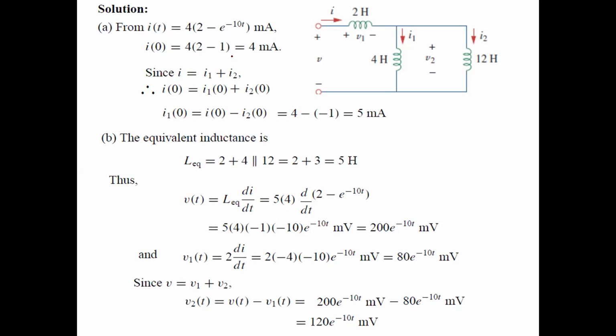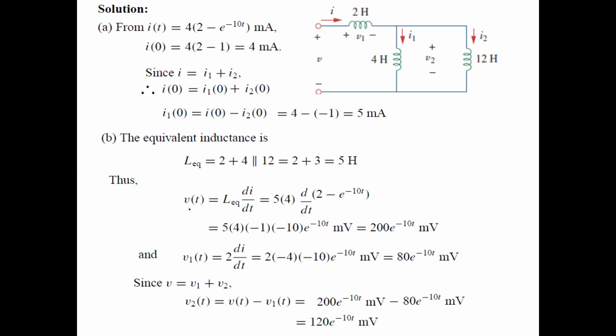and then you have to find the derivative of I with respect to t. 4 will come out of the derivative, and the derivative of 2 e to the minus 10t is equal to this, which comes out to be 200 e to the minus 10t.